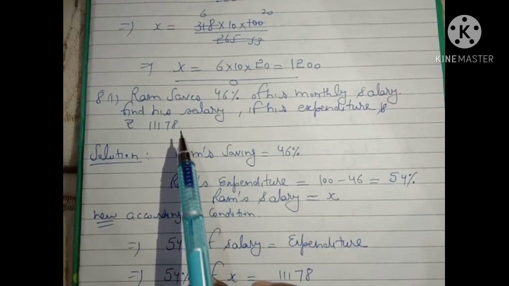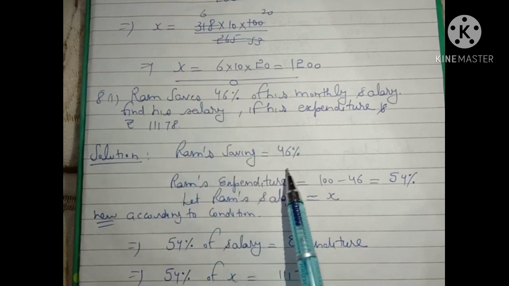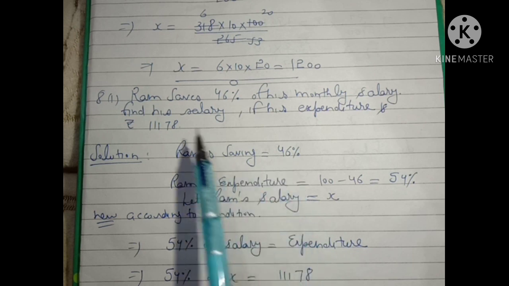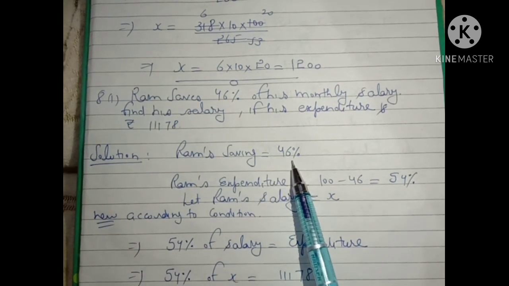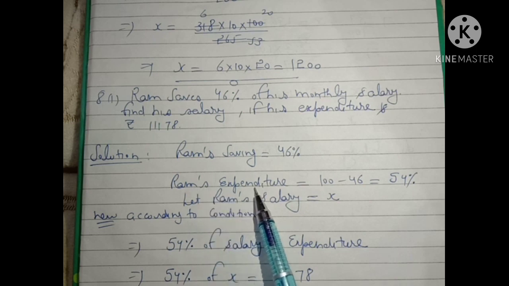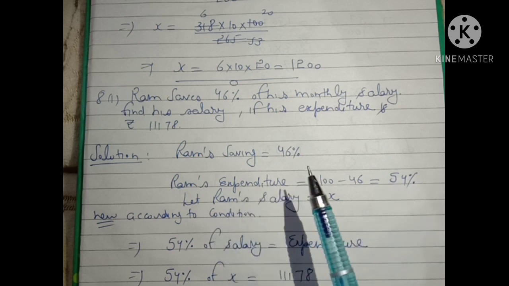See carefully. So again you can see Ram's saving is given to us, that is 46%. So how can we find out Ram's expenditure in percentage? That is equal to 100 minus 46 is equal to 54%. Why? Because the percentage is always from 100.